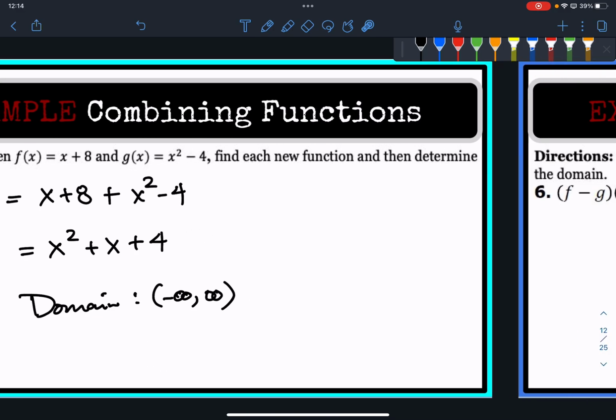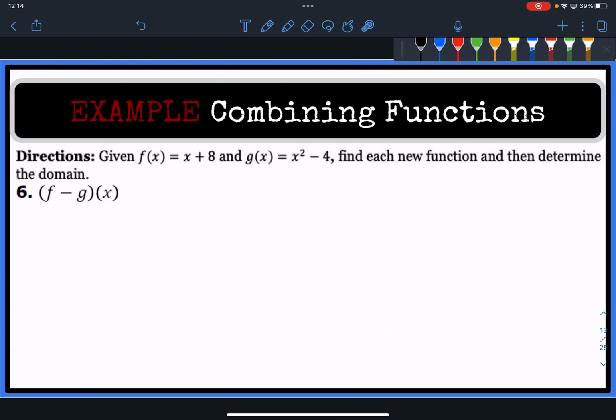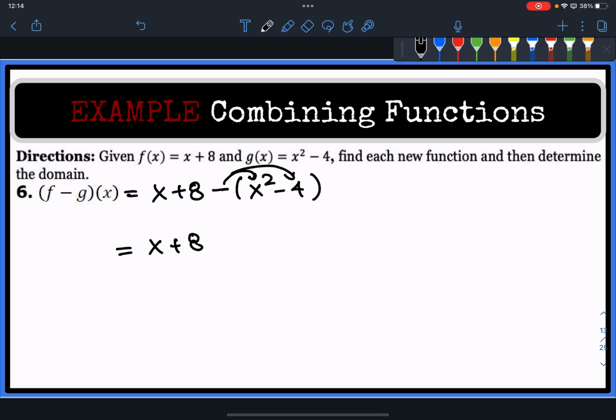Let's see now, pause the video for the second example and subtract the same two functions. So let's check your work. So here we'll have x plus 8, but because I want to subtract g, I'm going to put g in parentheses. So this would be x plus 8. Distribute that negative sign to both terms of g.